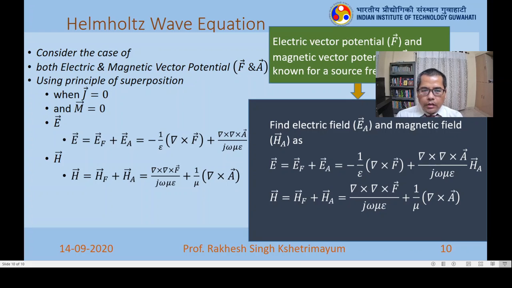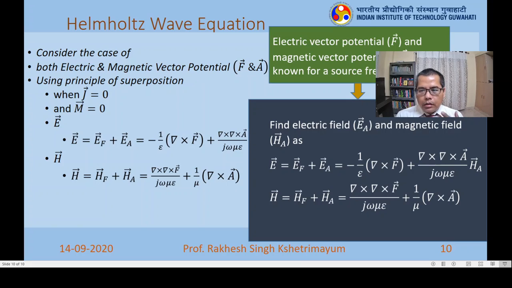After that we discussed the vector potential. We have electric vector potential and magnetic vector potential. We had discussed the magnetic vector potential before, but that was incomplete. We also needed to introduce the electric vector potential F.